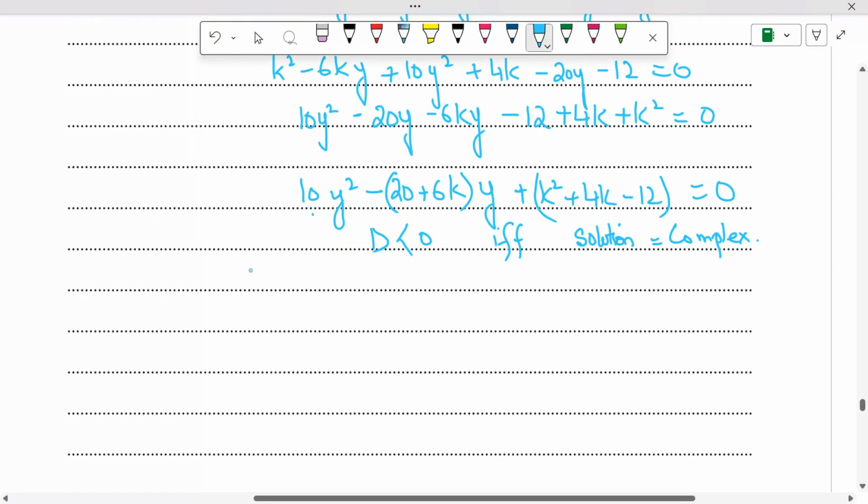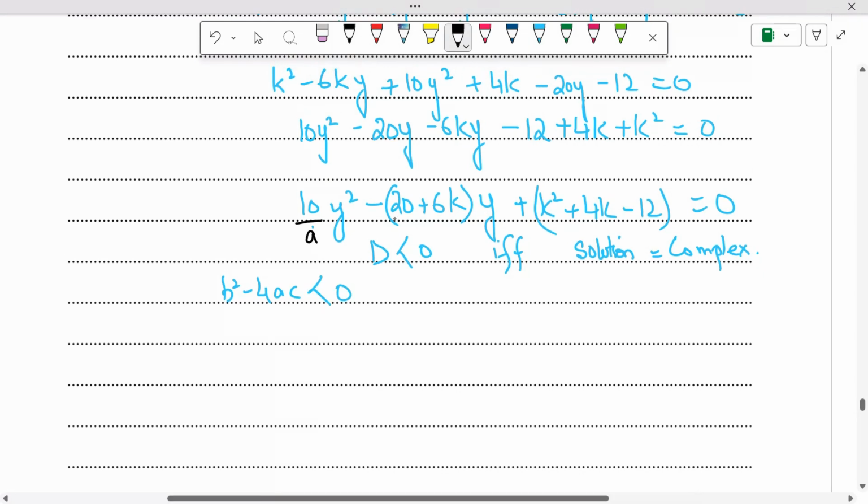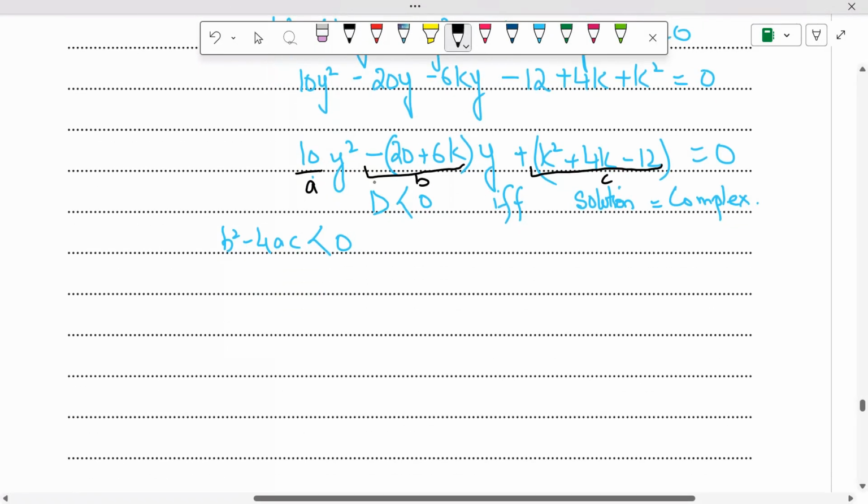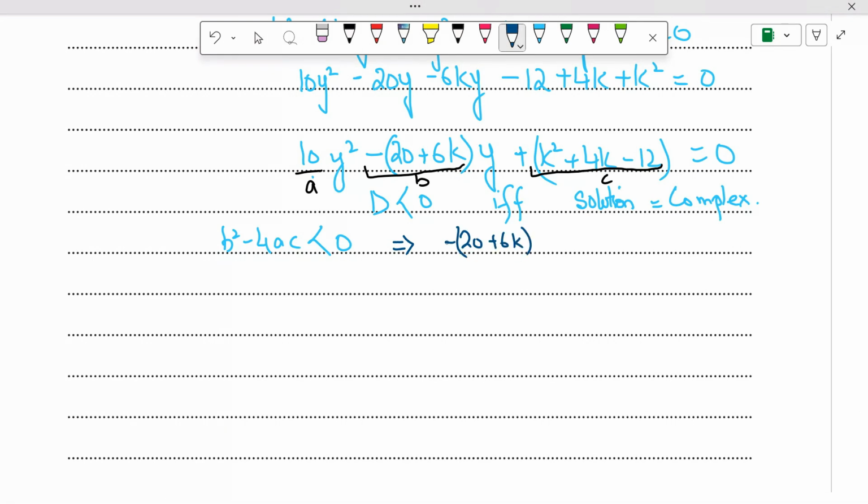So we know that the discriminant is b squared minus 4ac less than 0, and in this case this one is a, this one is b, and this one is c. Plugging in these values, we have b squared, which is (negative 20 minus 6k) whole squared, minus 4 times a, which is 10, times (k squared plus 4k minus 12), less than 0.